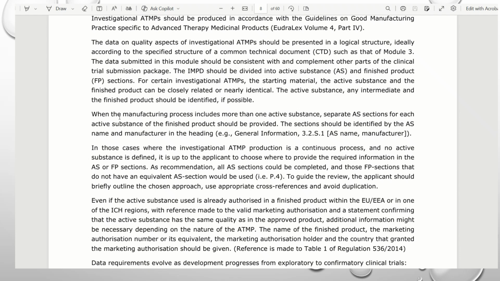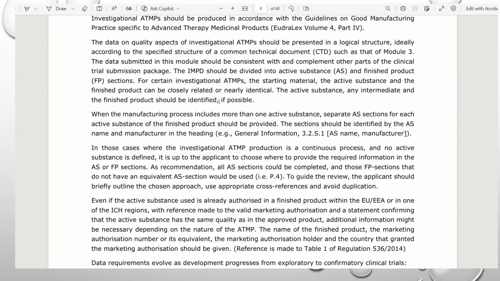If it's a continuous manufacturing process where your starting material is your initial cellular product and your endpoint is your finished drug product, as can be the case for modular manufacture, then it may be challenging to say this is the point at which we're saying is the active substance, because it's a continuous manufacturing process. So they give you that flexibility, and this is what we talk about when we're defining the risk-based approach.